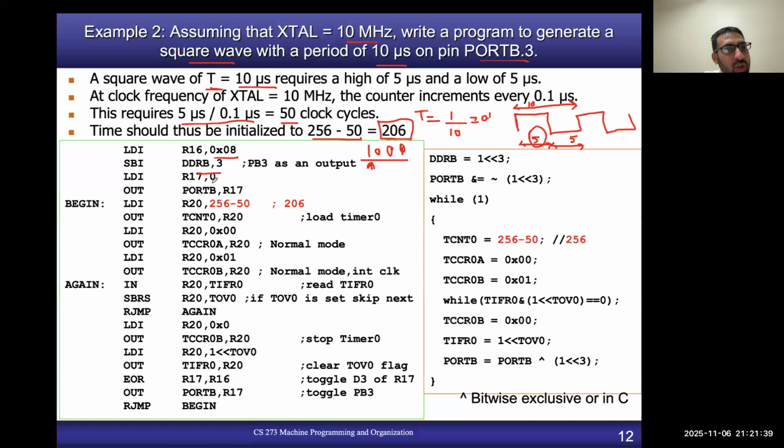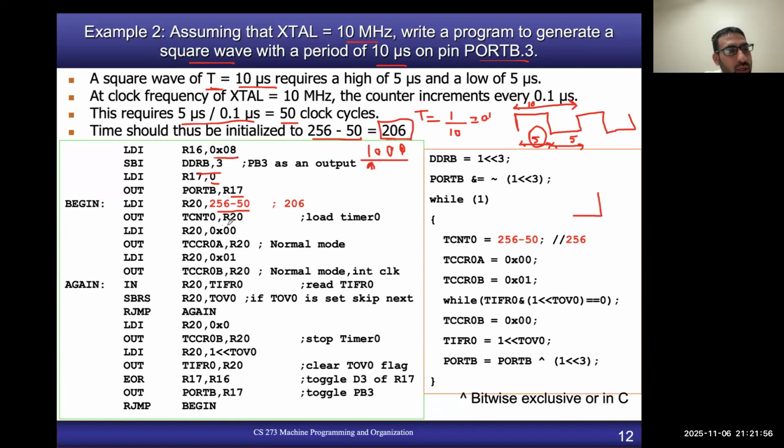We are loading the value of 0 in R17, and we are first writing R17 on port B. So yes, we will have a low output here, and then we are putting in the register the value we calculated, 206, right?